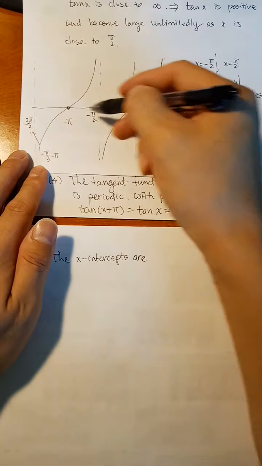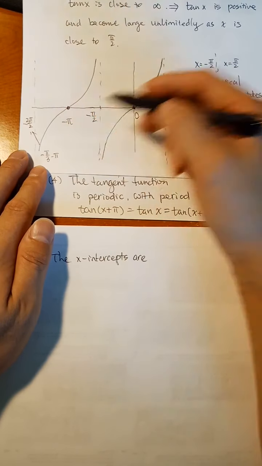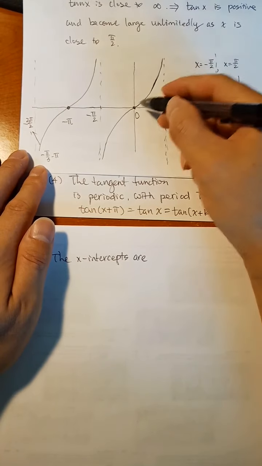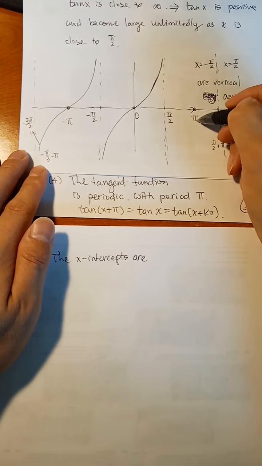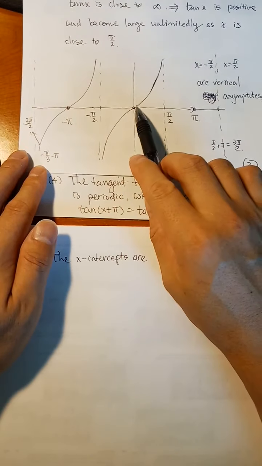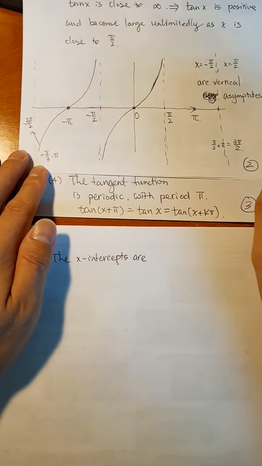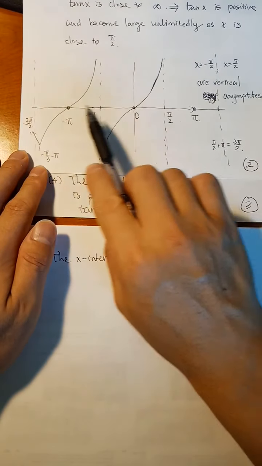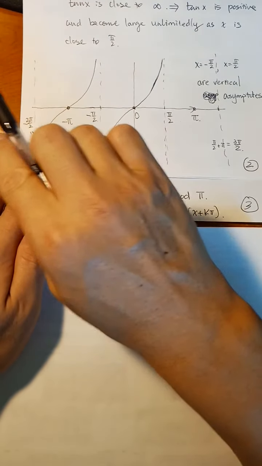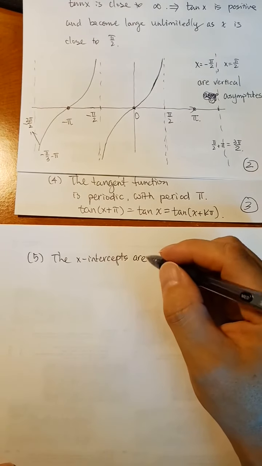You shift it to the left by the period pi, you get negative pi. If you shift this 0 to the right, it is pi. So the intersection of the graph with the x-axis is always 0, pi, 2 pi, 3 pi, 4 pi, or 0, negative pi, negative 2 pi, negative 3 pi, negative 4 pi.